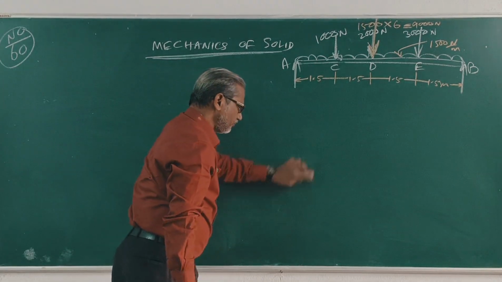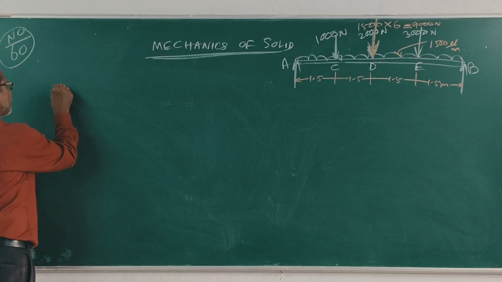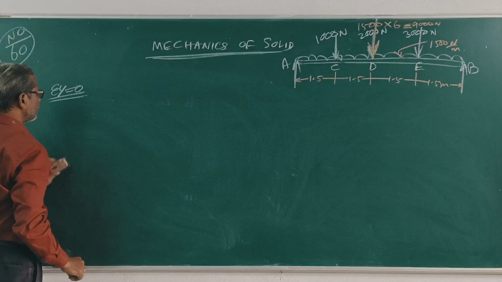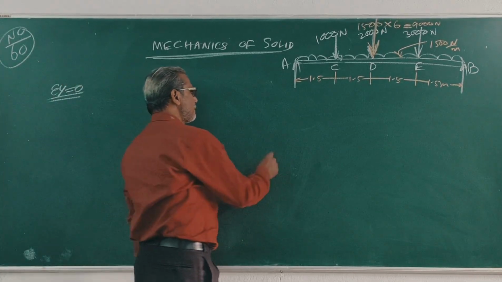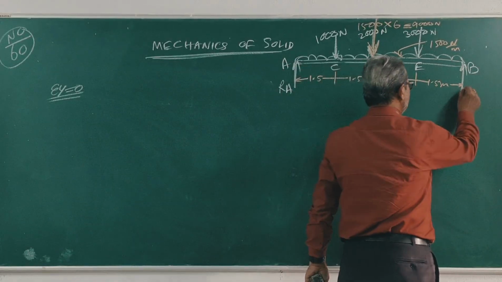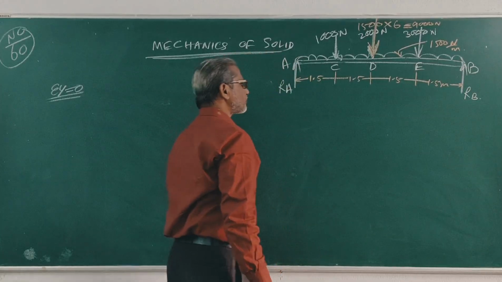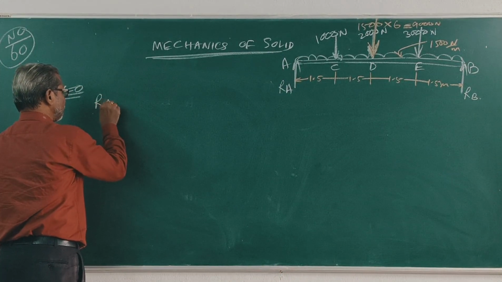Now sigma Y equal to 0. This is RA, this is RB. Clear? What is RA plus RB equal to?